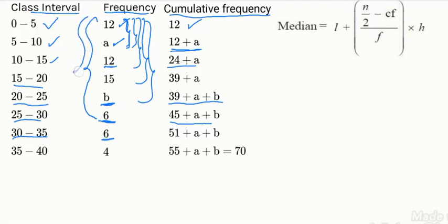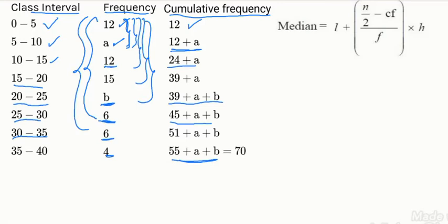You have to add previous all frequencies to 6, so that you will get 51 plus A plus B. For 35 to 40, present is 4, previous all frequencies plus present, if we add, 55 plus A plus B.